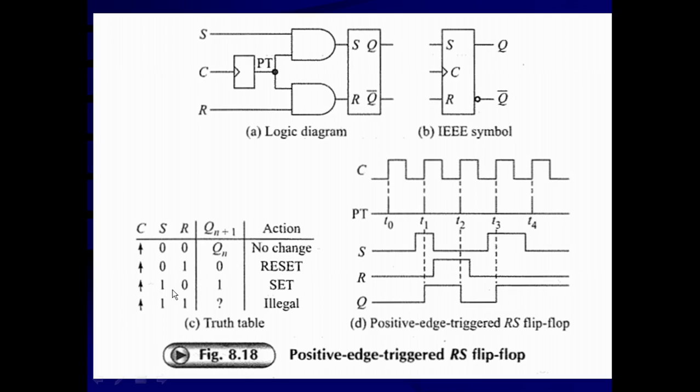If S is equal to 1 and R is equal to 0, then for a positive transition of the clock pulse, the flip-flop is going to be set. So the output Q, Qn plus 1, takes the value of 1, or it will store the value of 1. And if there is a 1-1 condition, both outputs Q and Q bar take the same value, and hence it is a forbidden condition. So this way the clock RS flip-flop works.